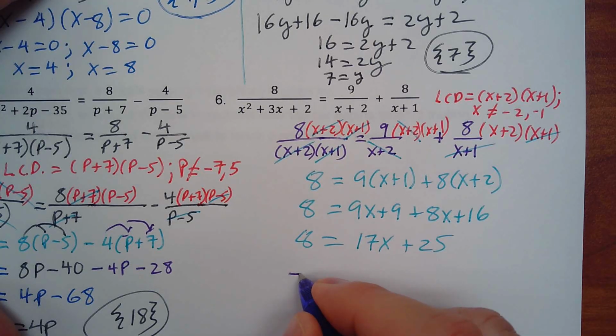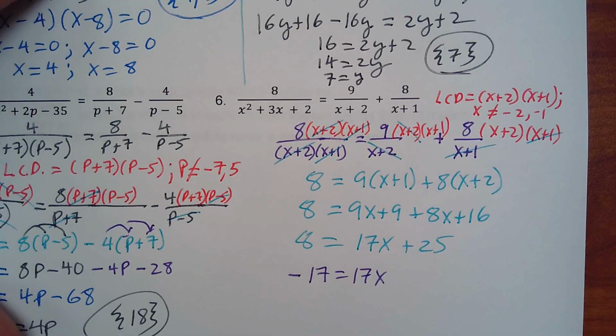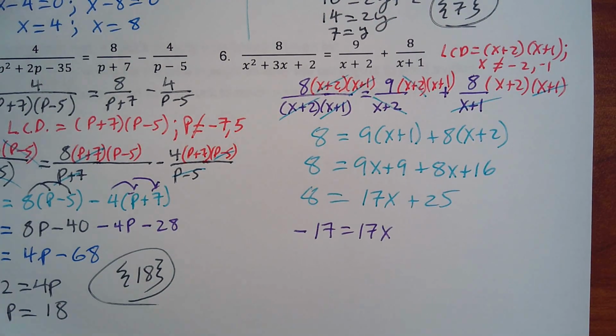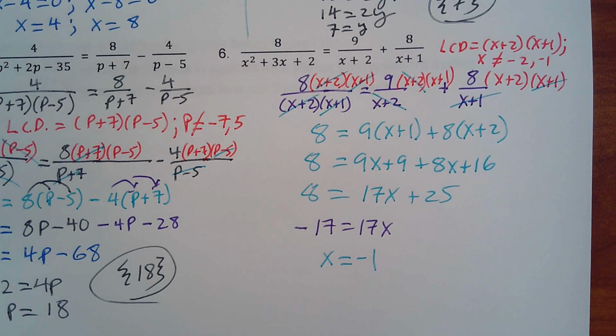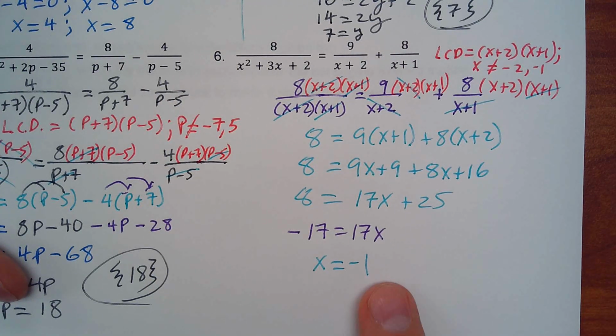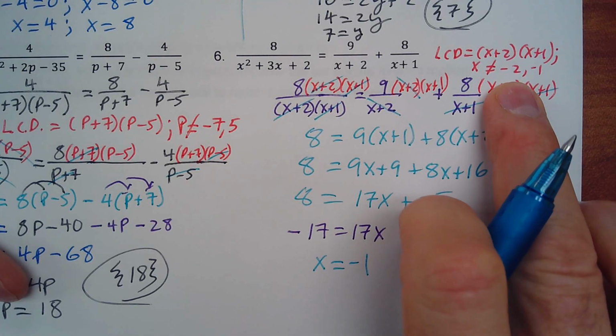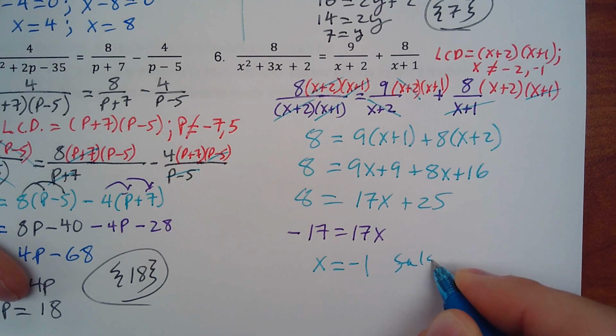That will give us negative 17 equals 17x. And then we divide by 17. That gives me x equals negative 1. Now we're in trouble though, because remember what we said, x was not allowed to equal negative 1. This is a false solution, what we call an extraneous solution.